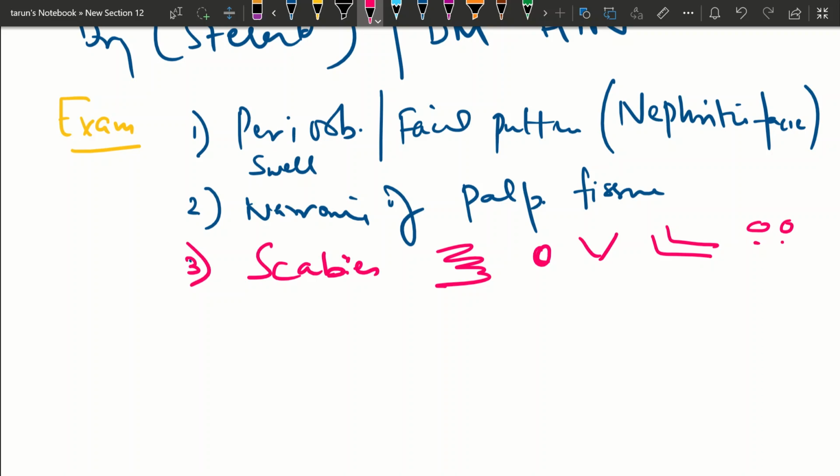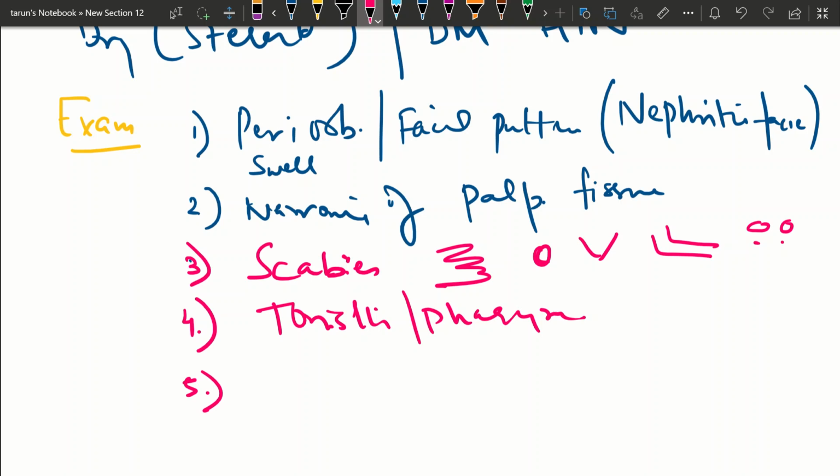And if the patient has a sore throat, there may be enlargement of the tonsils, or congestion of the pharynx. And on examination the BP will be on the higher side because the kidneys are involved.